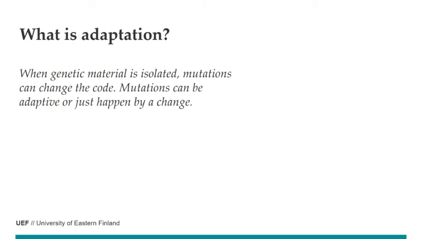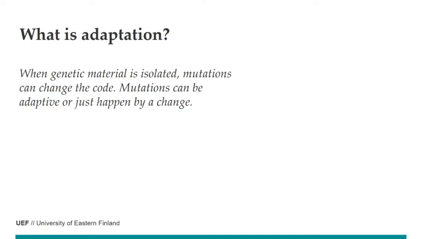Well, when we have a population, there's genetic material that is more or less popular. So these alleles, different versions of genes, can be more or less popular. And when a population is isolated, mutations can change the genetic code in the population.